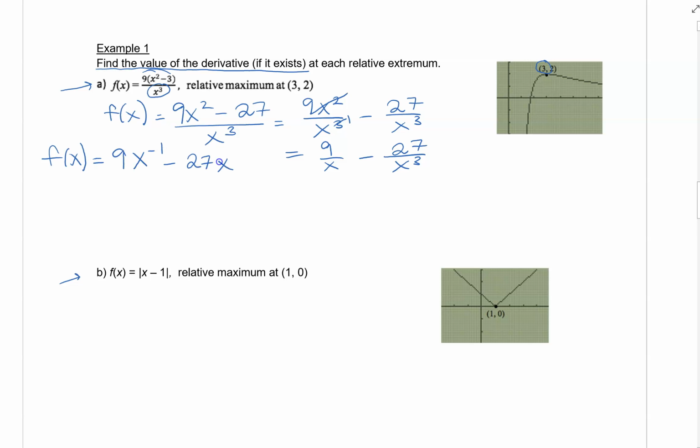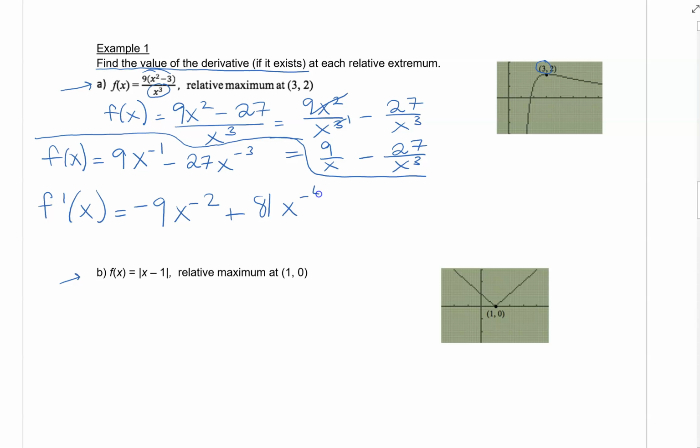So that's my f of x function that I'm going to use here. So when I take the derivative of that, I can just use power rule, 2 power rules. So I get negative 9x to the negative 2 plus 81 times x to the negative 4th, which is equal to negative 9 over x squared plus 81 over x to the 4th.